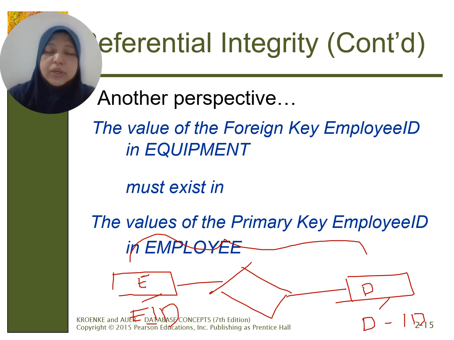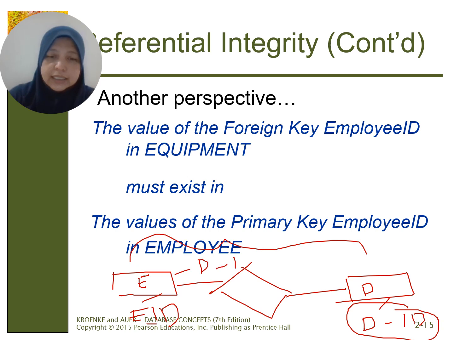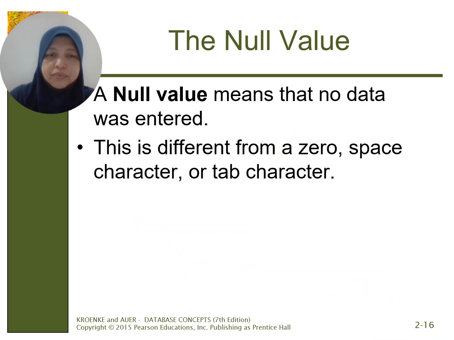So let's say we put department ID in employee here. You have to put the foreign key, which is the primary key from the other table. So the data for department ID in the department table must exist first before you can insert data for department ID in table employee.